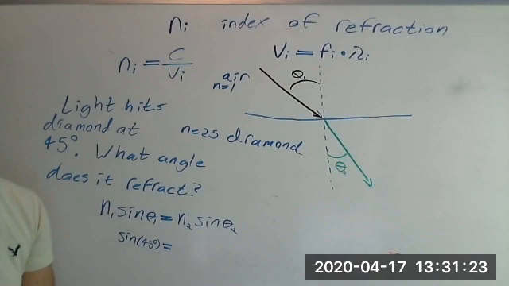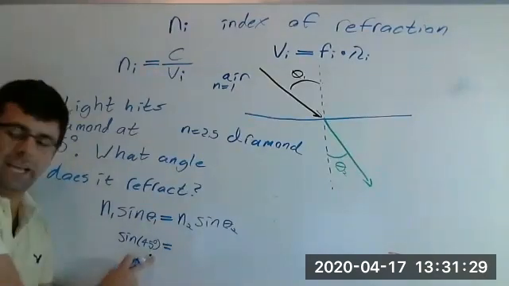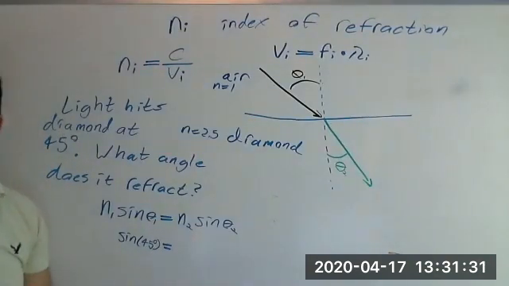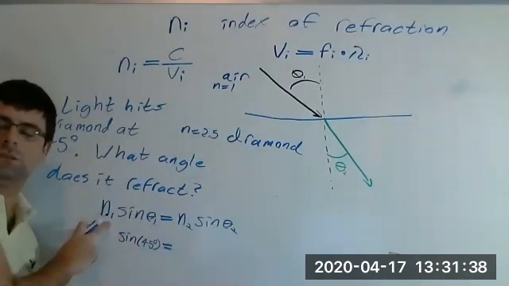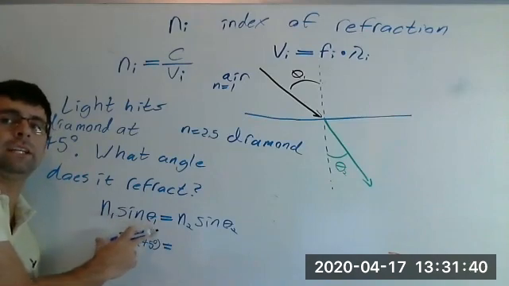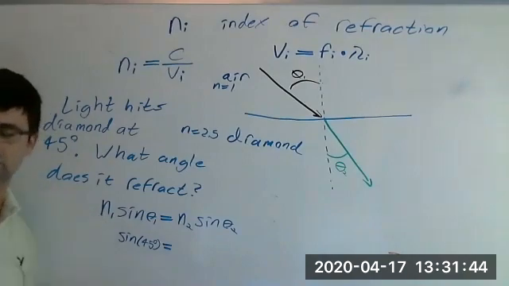So for n1, would you put 1? Yes, because it's the index of refraction that goes with this angle. The purpose of the subscript is that if it has a 1, then that angle is related to that thing.